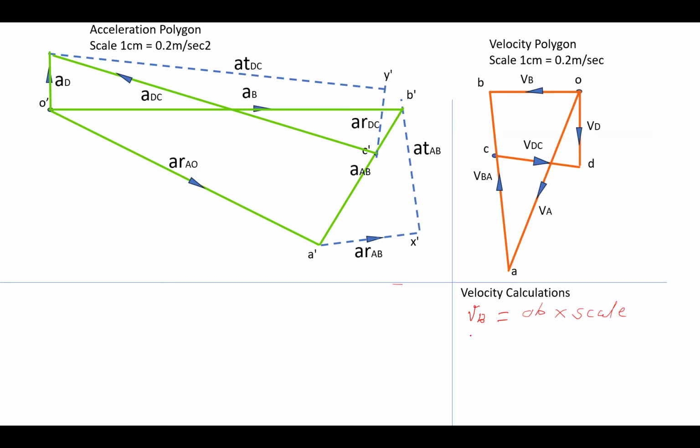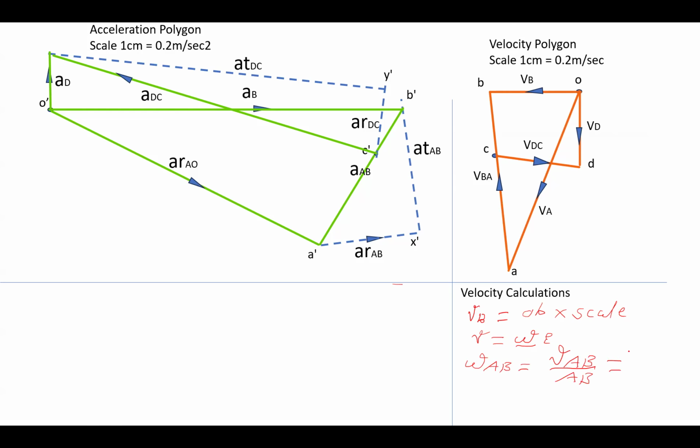Now, in any case, if they ask you to find out the angular velocity of any link, let's apply this to AB. So angular velocity of AB equal to velocity of AB by above formula divided by radius of link AB.